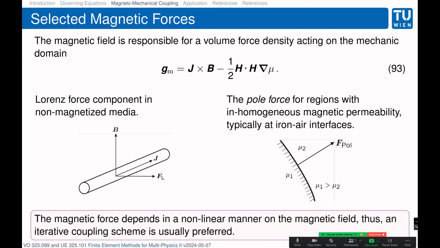The coupling for sure will be nonlinear simply because of this quadratic nature of the coupling term, the force density. And that's why usually you don't formulate this in a monolithically coupled sense. But in an iterative way, you compute magnetics, you apply magnetic forces to the mechanic system, you compute mechanics, and iterate until you have convergence.